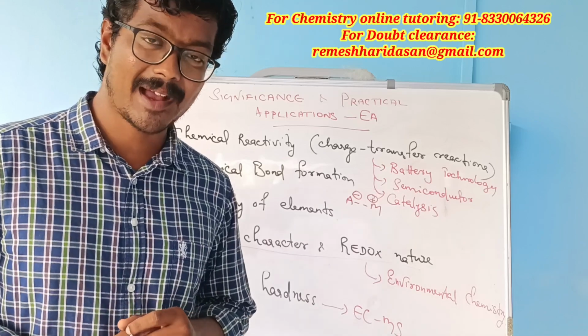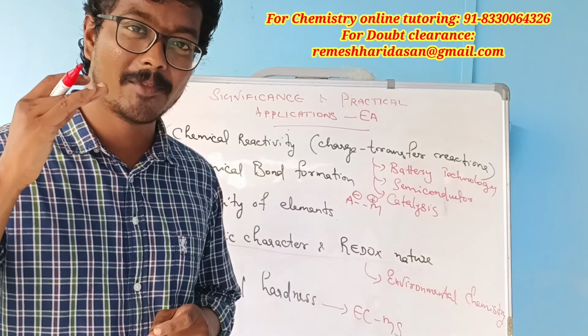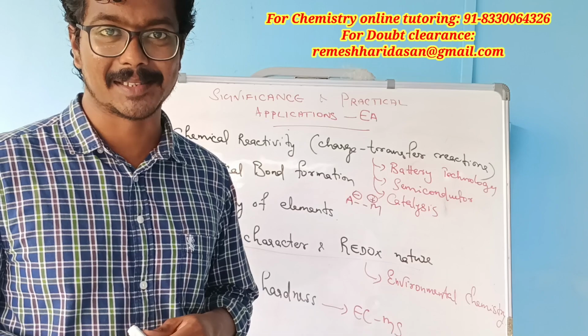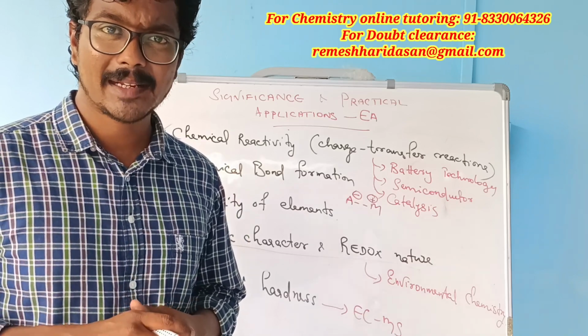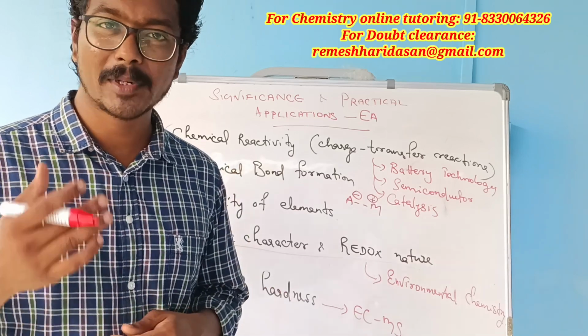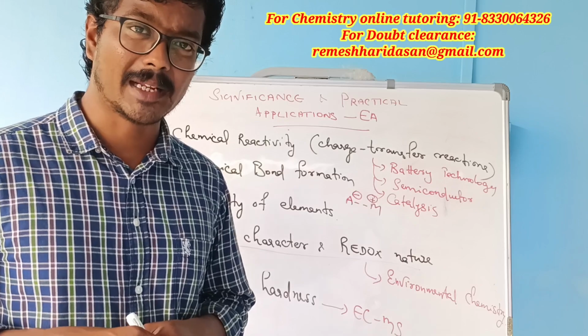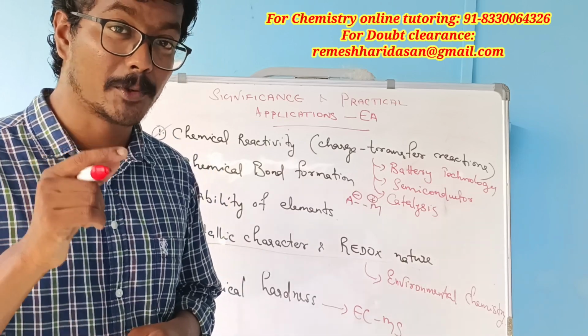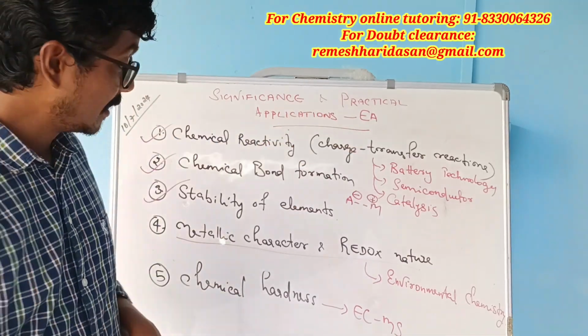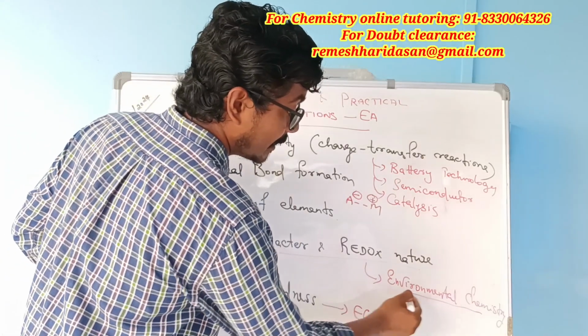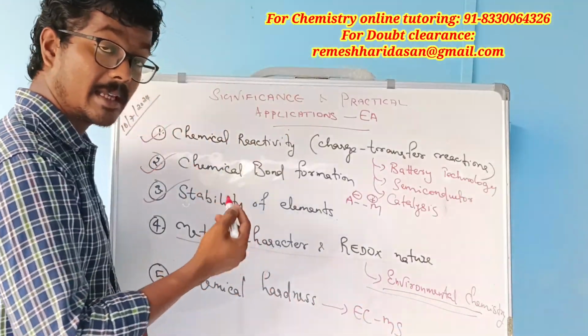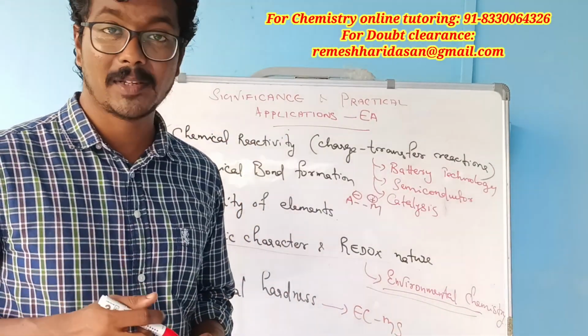That's the reason why halogens are the best oxidizing agents in nature. An everyday example is chlorine: we can use chlorine as one of the best oxidizing agents due to its higher electron affinity value. That's why the electron affinity principle is very useful in environmental chemistry.